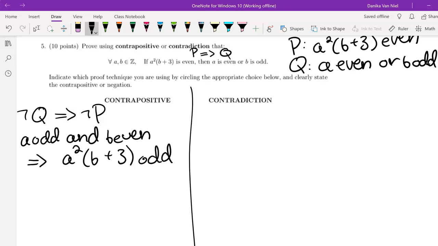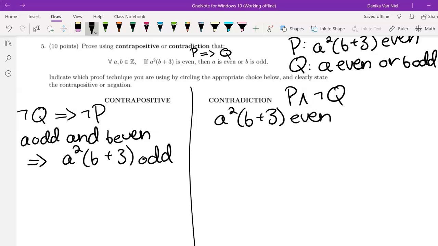Okay, because for the contrapositive, we just flip it and negate both sides. Contradiction, though: the negation of P implies Q is P and not Q. So that would be A squared B plus 3 even and A odd and B even.